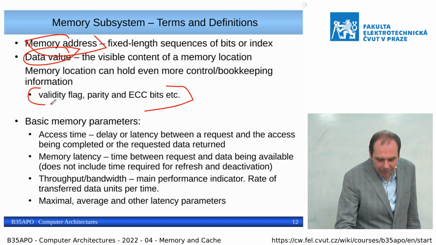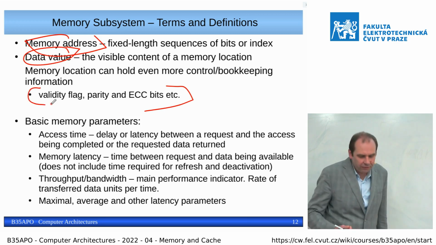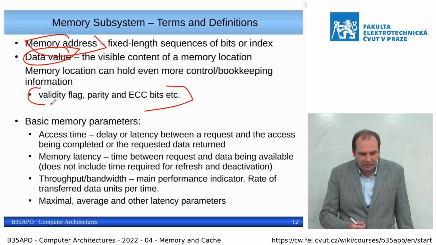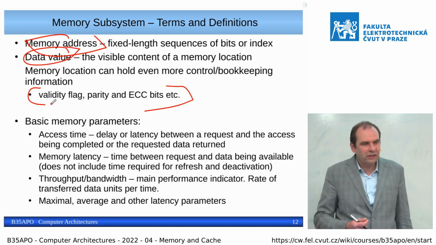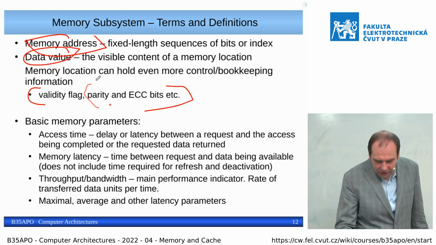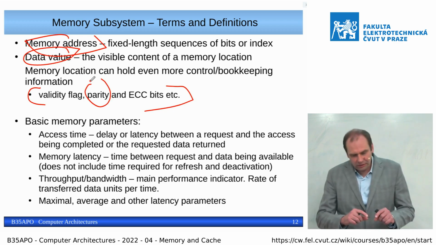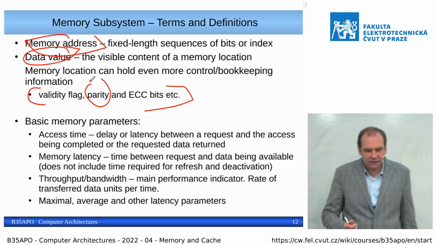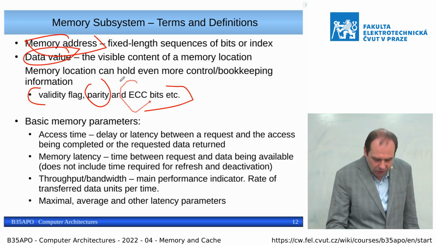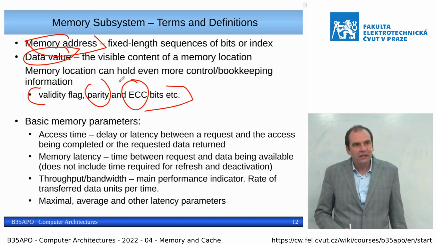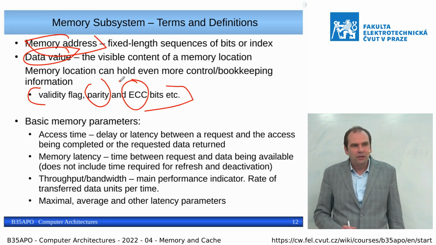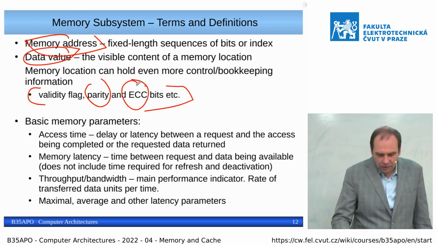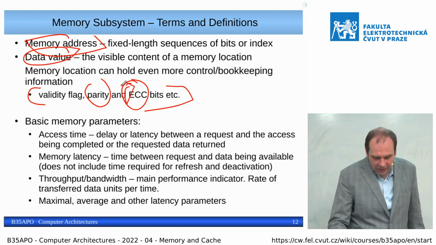For example, if you want to build a space shuttle and you know that there are fast neutrons which can flip the information in a cell, then you add some additional bits to each location in the memory, which allow you to detect that there is a change and, for example, reset the computer. Or you can add more bits, and then it is possible to define rules to check and correct the possible bit flip. So it is error checking and correction.